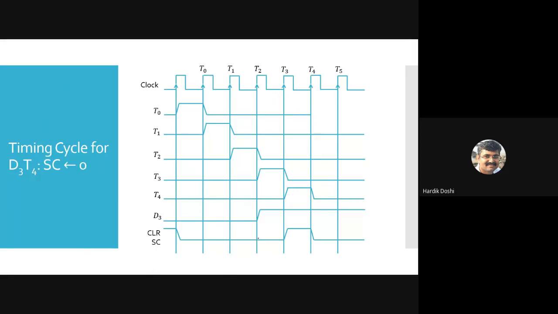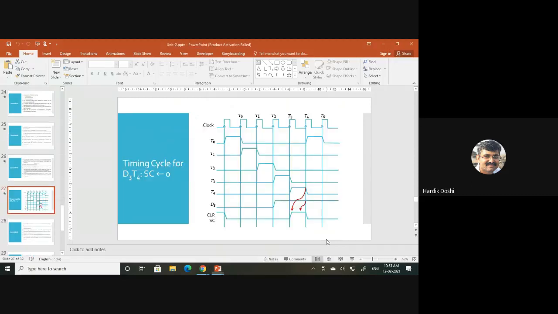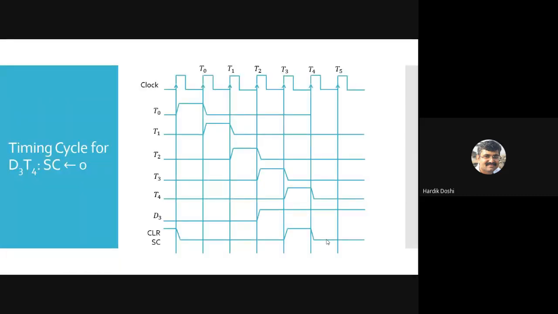But when T4 got 1, see, when T4 became 1, sorry. So see this, when T4 became 1 and D3 was 1, at that time the clear signal became 1.